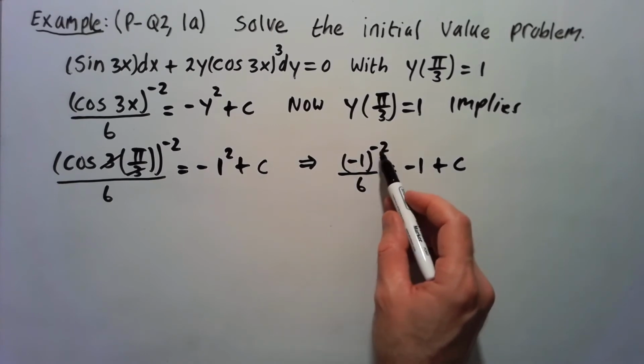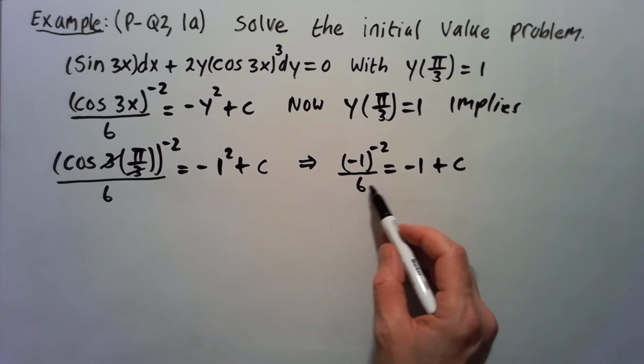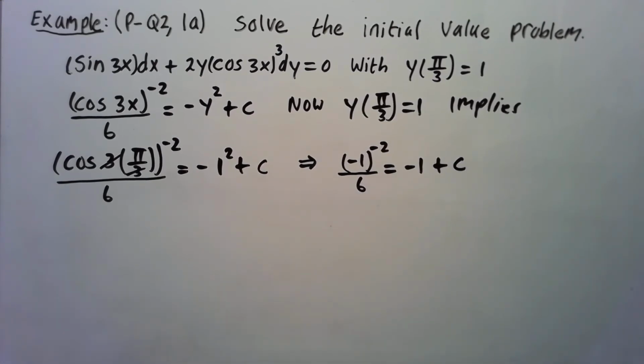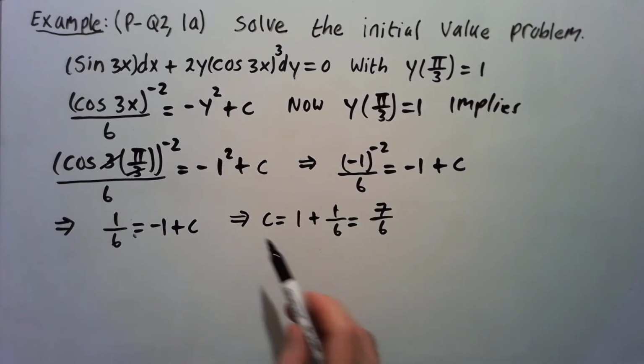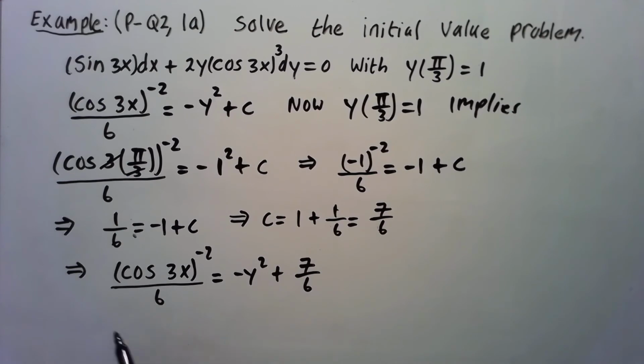Now minus 1 to the minus 2 power will be 1, so it's going to be 1/6 here. So I get this, and I can just add 1 to both sides to solve for c. So c is 7/6 when you work it out. Okay, let's replace it up here then. Replacing our c with 7/6, we get this.